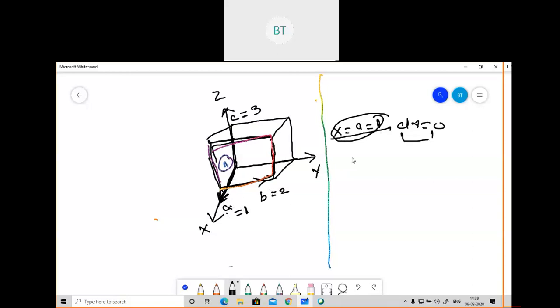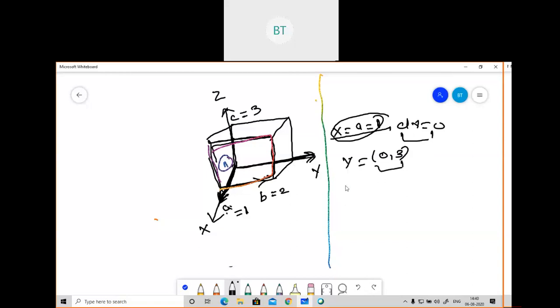After that, how is y varying? y is varying from 0 to 3, as it is given in the question. Why? Because x is constant here, because x is fixed here only. Up to that value only x is there. So I'm taking only x value up to 1. But for the y value, it is varying. So I will put the value of y here from 0 to 3.